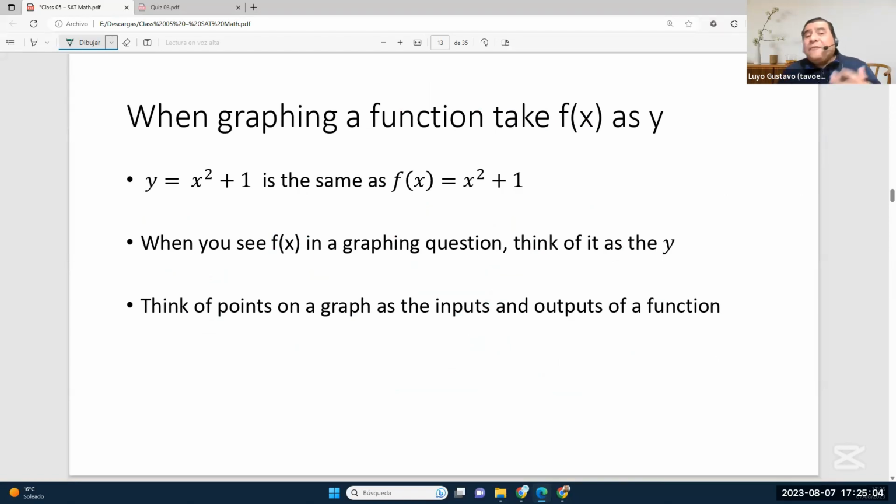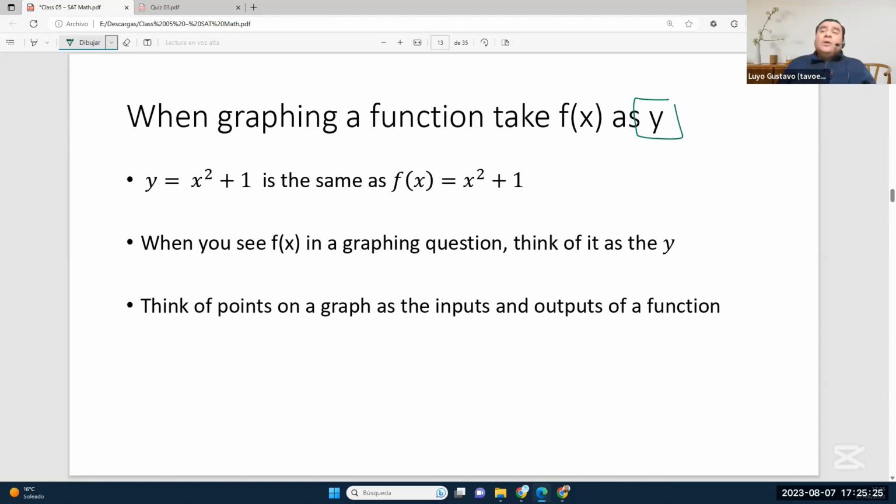Remember that when you graph functions, because a function is a rule in terms of the independent variable x, in order to graph a function, you can consider that the value of f, or that is the output of the function, is the same as saying the value of y on an xy plane.